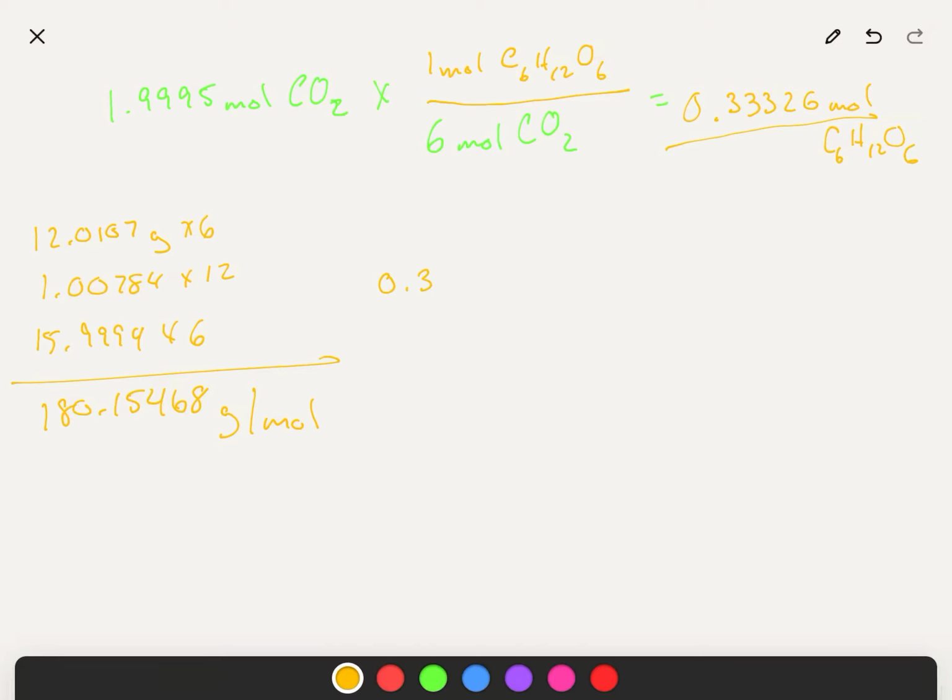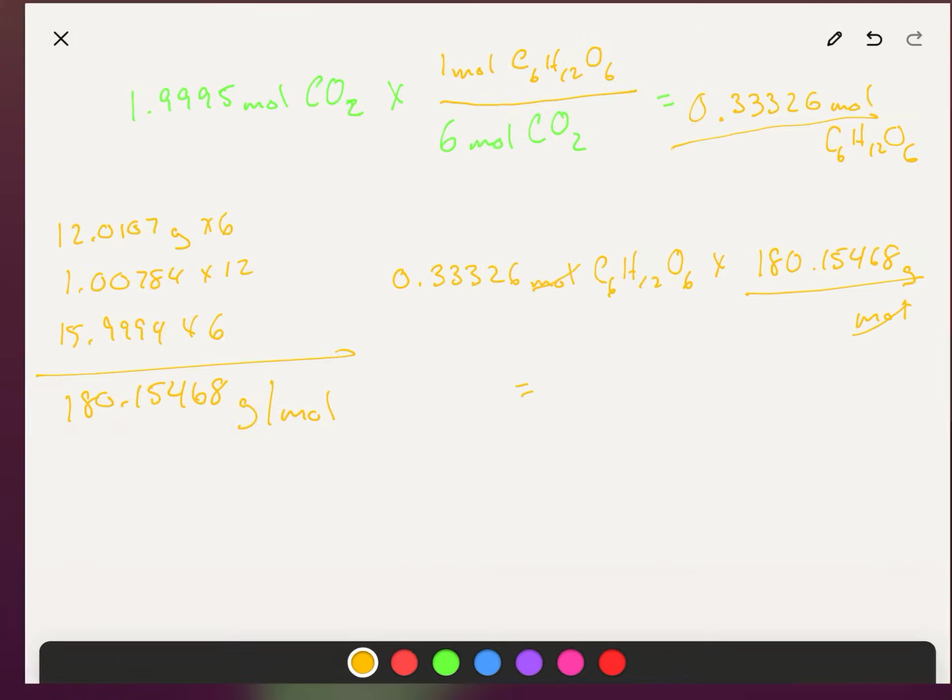We have 0.33326 moles of glucose. We need to multiply it by its molar mass. And that will give us our final answer.